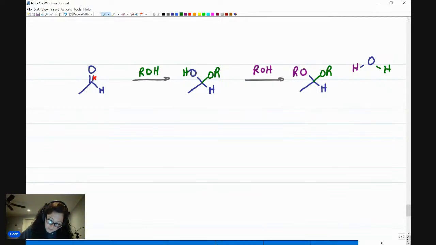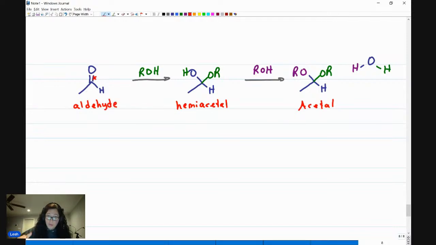This right here is called an acetal. The half acetal, where it's half from the acetal OR, but half from a diol OH, is called a hemiacetal, because that's a way nicer way to say it than half acetal, coming from an aldehyde.